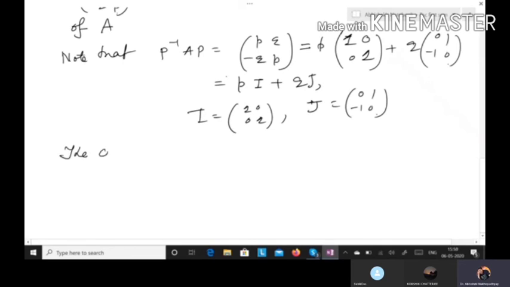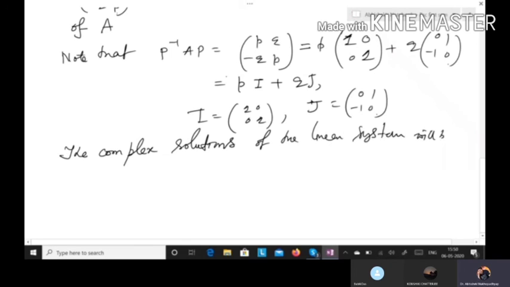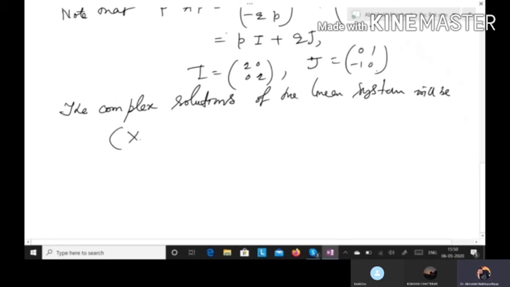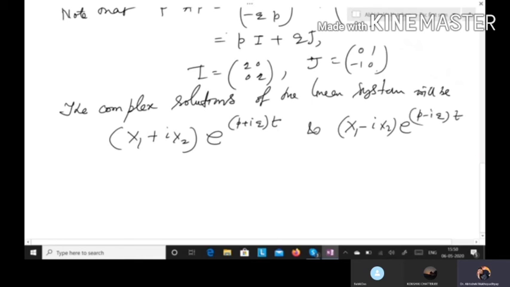So the complex solutions of the linear system will be (x1 plus ix2) e to the power (p plus iq)t, and the other one is (x1 minus ix2) e to the power (p minus iq)t, which has already been discussed in our previous lecture.